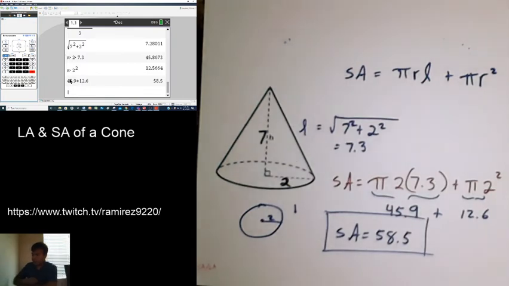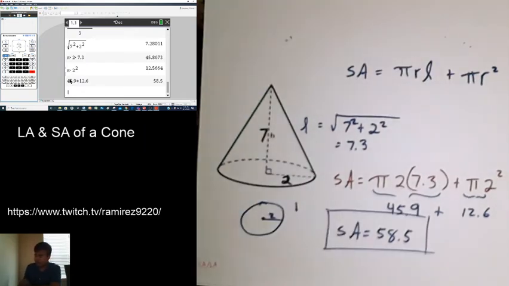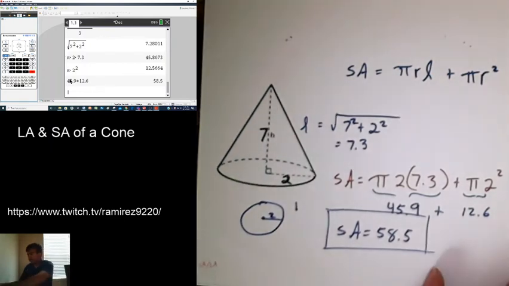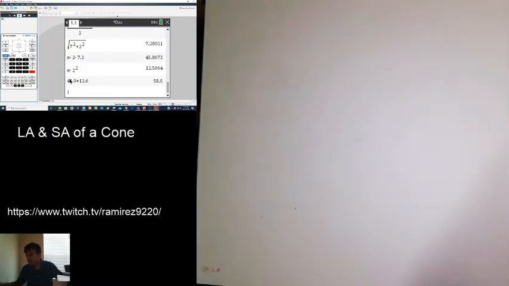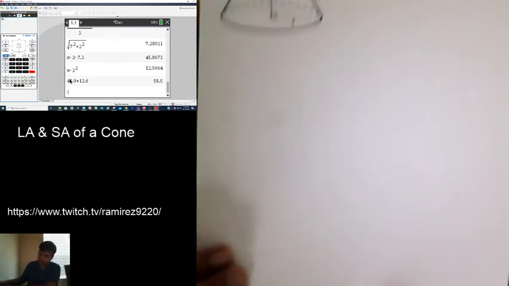I'm going to go ahead and give you an example where we're going to work backwards. In the previous example, I showed you that we had to find our L. If we already knew our L, then it'd be very straightforward. So on this example over here, they're being very specific.